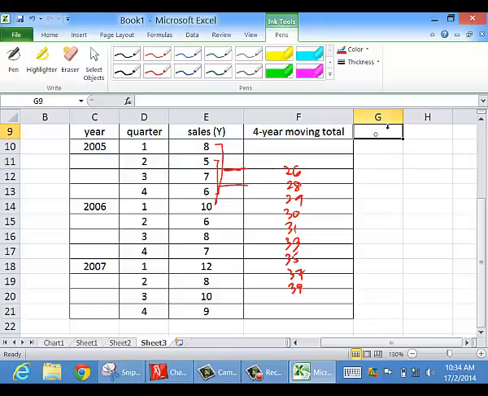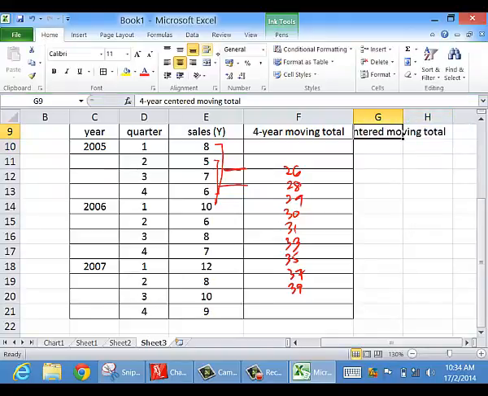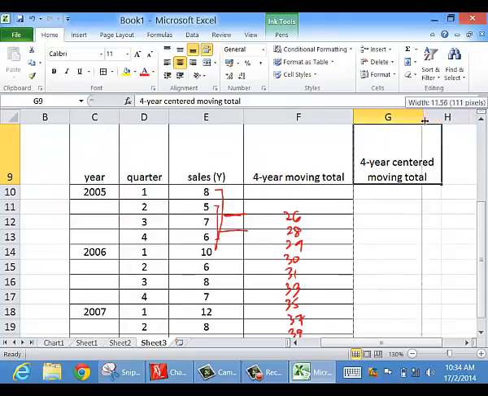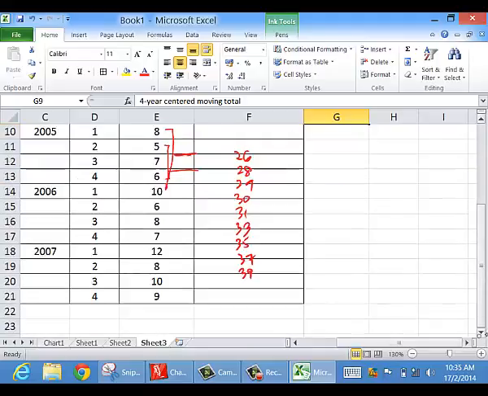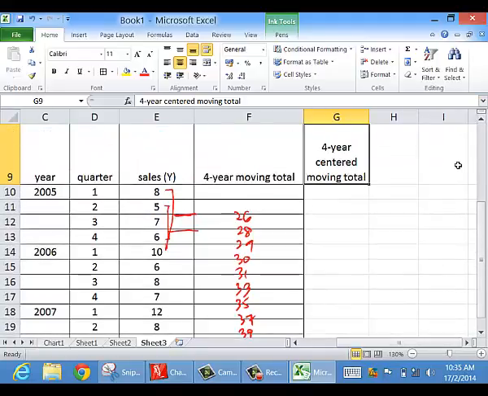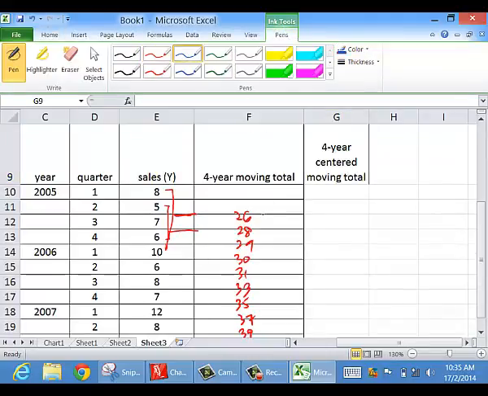So the next column should be the 4-year centered moving total. Four-year moving total, centered moving total. So this one, 26 plus 28, you put in the middle, right? 28 plus 26 equals how much? 50, 54.